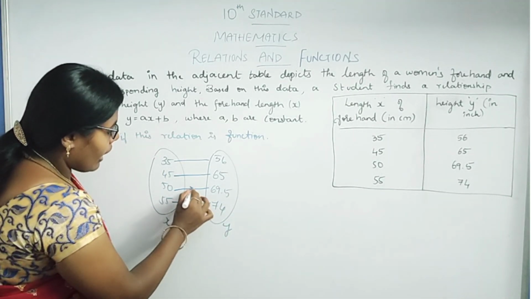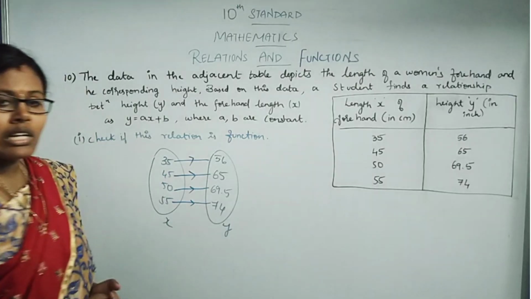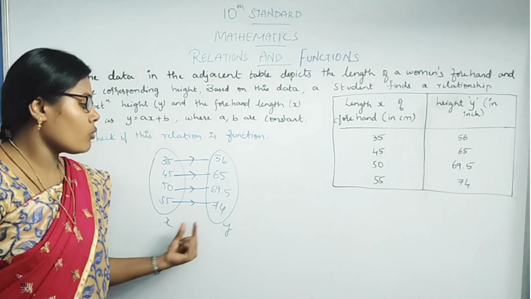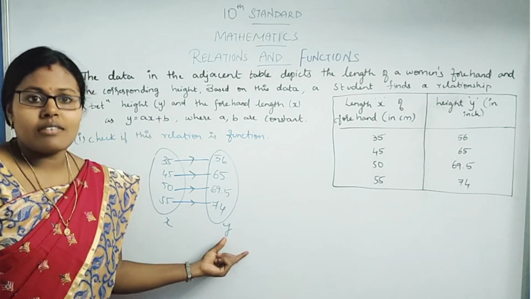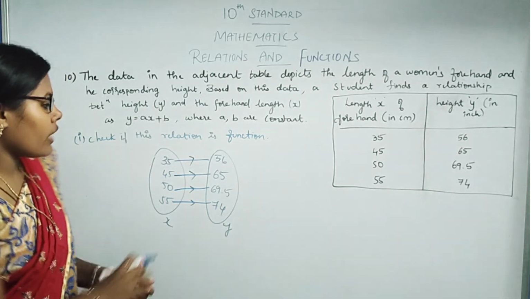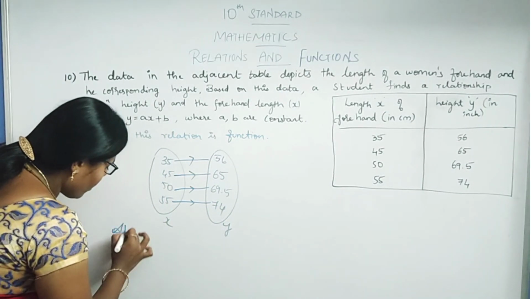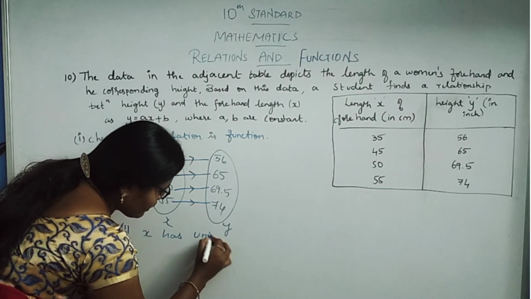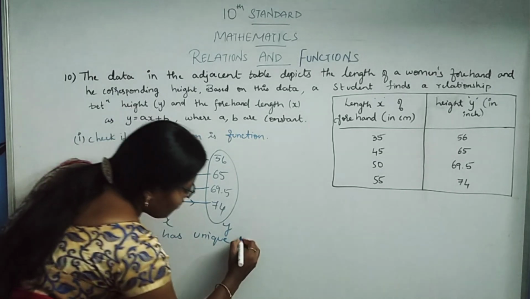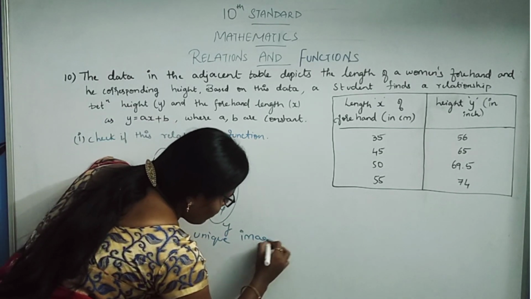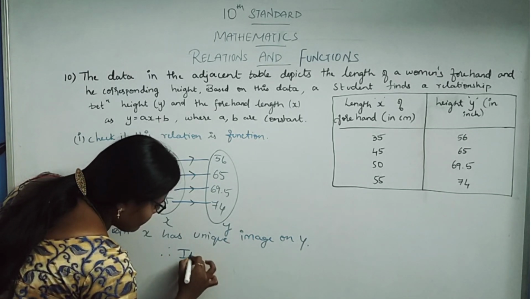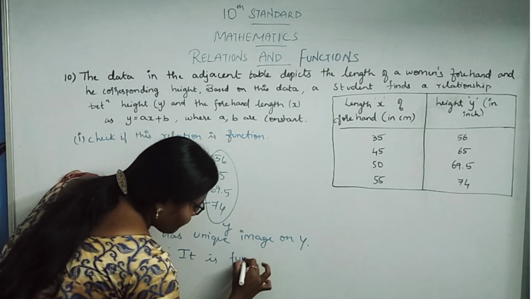So each has its unique image on y. All the elements in x have their own unique image on y. Therefore it is a function.